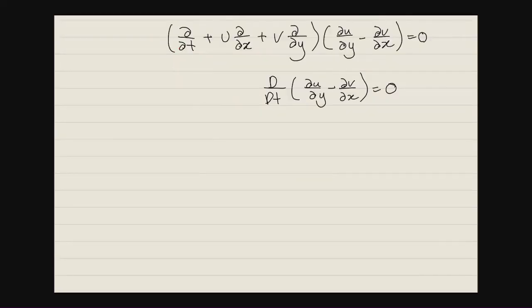Okay, and now I can put in my definition of a stream function. So u equals del psi over del y, and v equals negative del psi over del x.